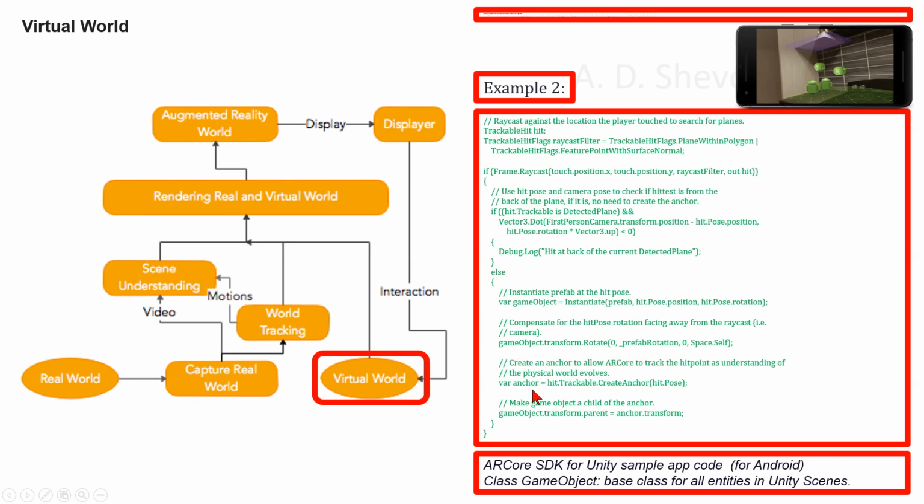Create an anchor to allow ARCore to track the hit points as understanding of the physical world evolved. Make game object a child of the anchor.